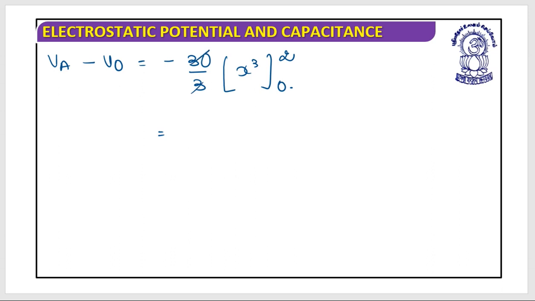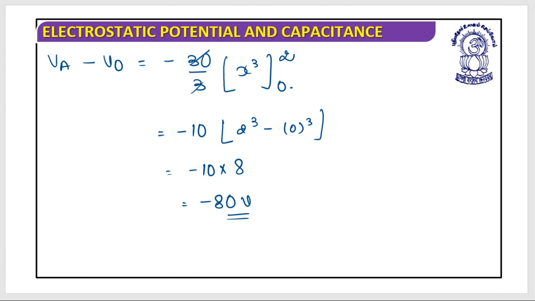That is minus 10 into (2 cube minus 0 cube), where 0 cube is nothing, so minus 10 into 8, which is minus 80 volt. I hope you have done this as well. Did you land on the same answer? Yes, great. Let's move to the next question.